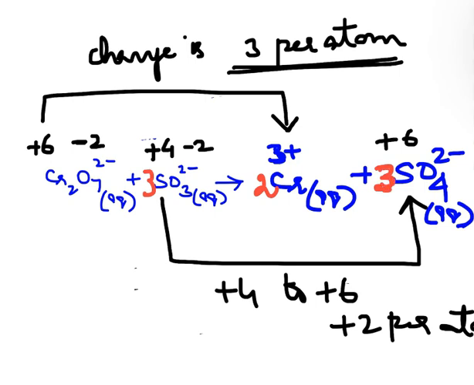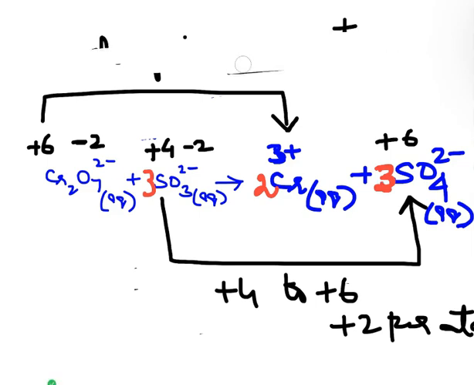Then we have to check on oxygen. Is this part clear now? So far? Yes, sir. Okay. So if this part is clear, we will move on to the next step.